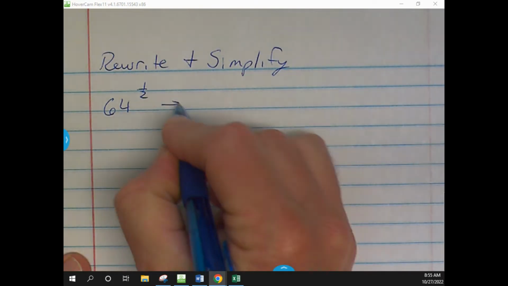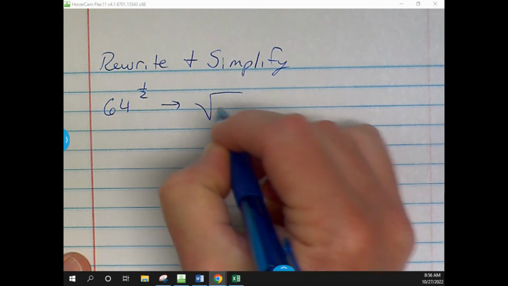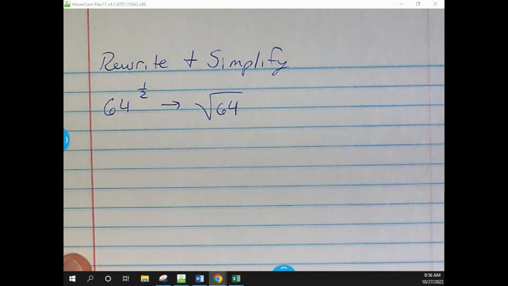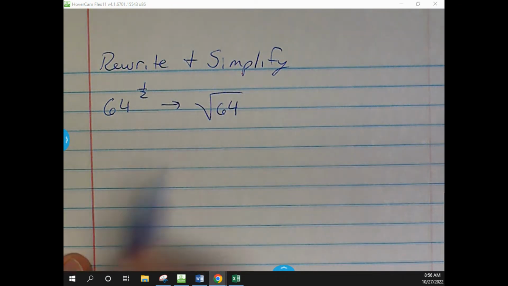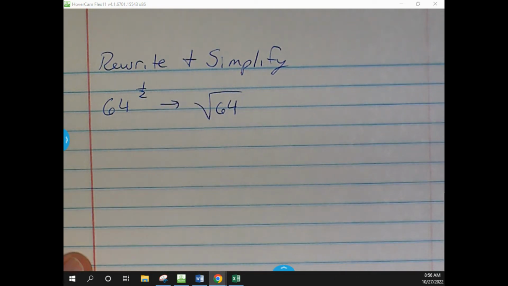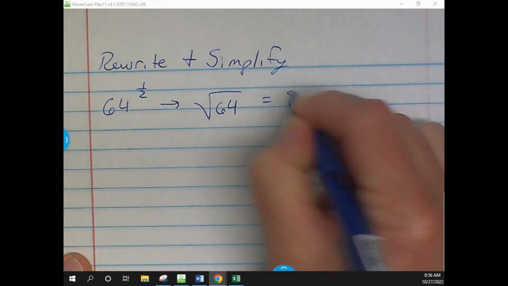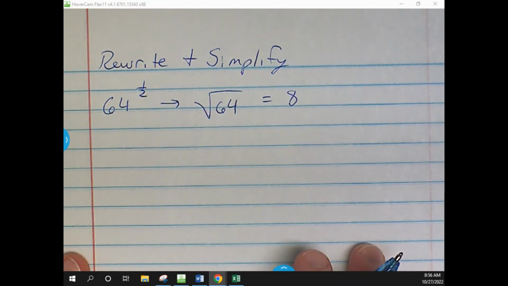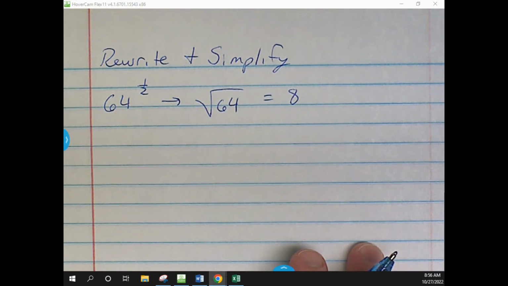If we rewrite it, that is the square root of 64 to the first power. Again, we can put the 2 there, but technically we don't have to because it's a square root. The square root of 64 is 8. We do not have to worry about any absolute values in this case because they'll tell you to just assume the answers are positive. You may run across that.